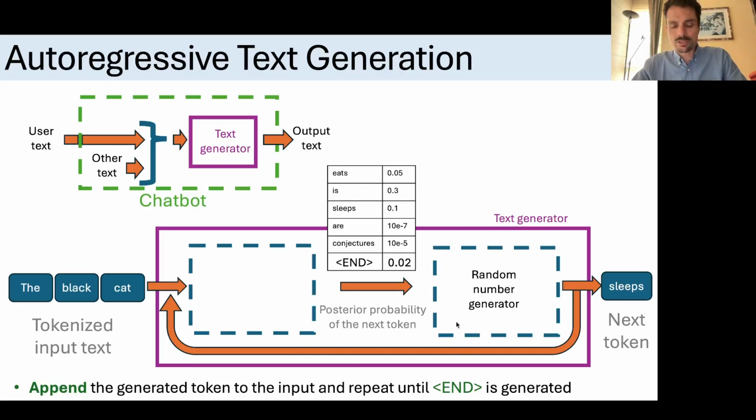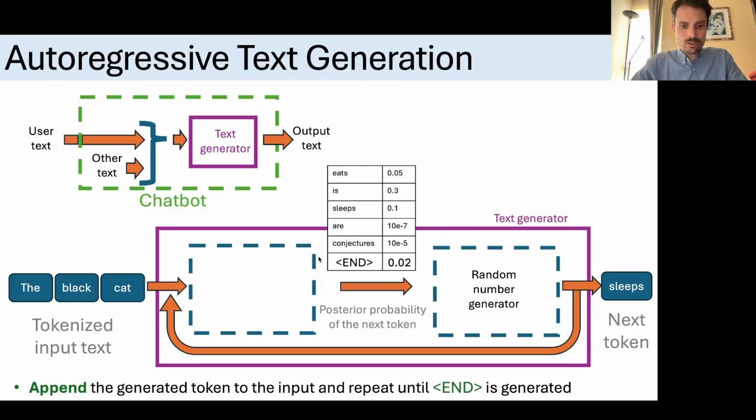So when does the process end? Well, there is a special token called the end token. The process ends when the random number generator chooses this end token. This is when ChatGPT finishes the answer.